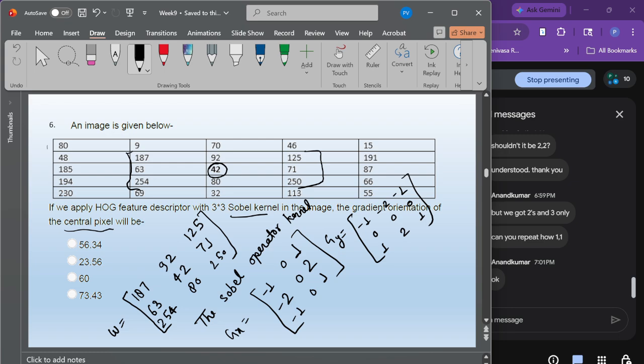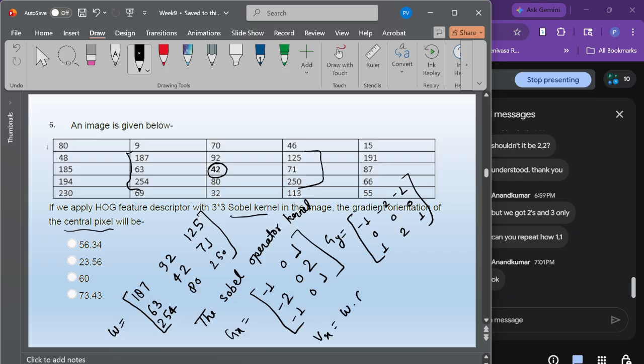So first we will calculate the horizontal gradient. We need to multiply the 3 cross 3 given matrix with the horizontal kernel and then the vertical one. Let's represent it as Vx.